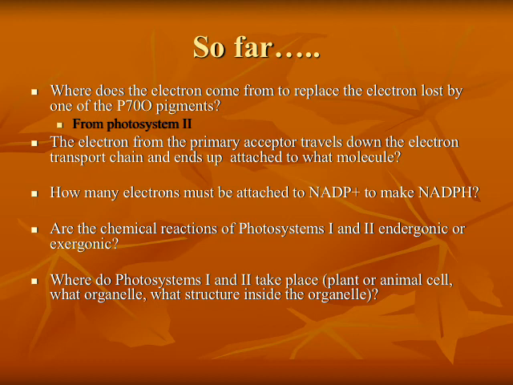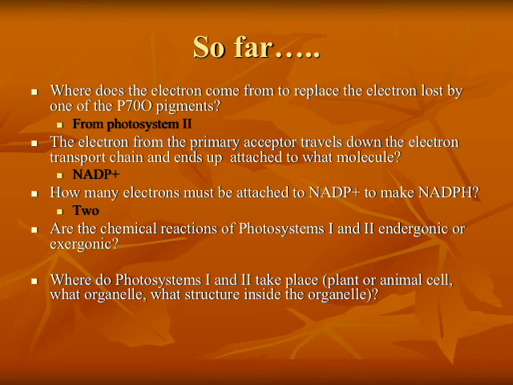Remember, we have an extra electron that comes over from photosystem 2 that drives photosystem 1. The electron from the primary acceptor travels down the electron transport chain and ends up attached to what molecule? NADP. How many electrons must be attached to NADP+ to make NADPH? 2.